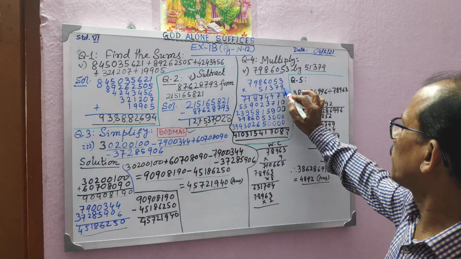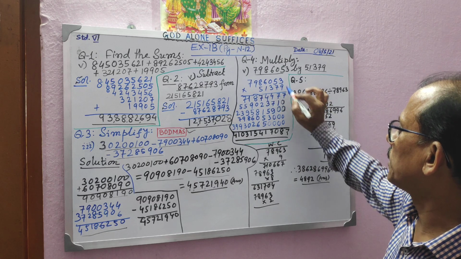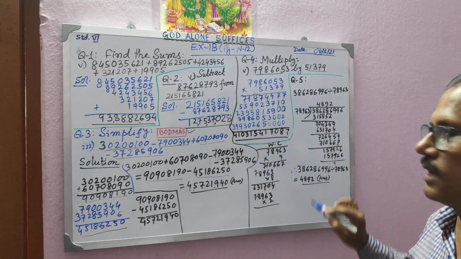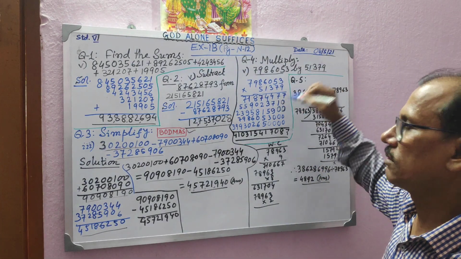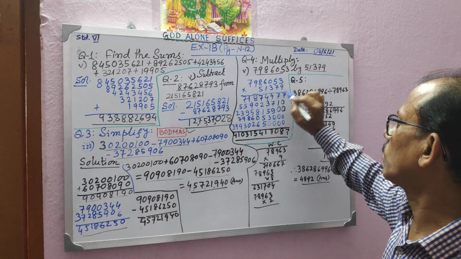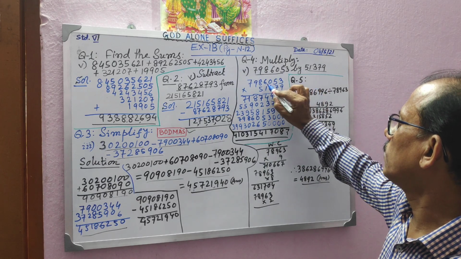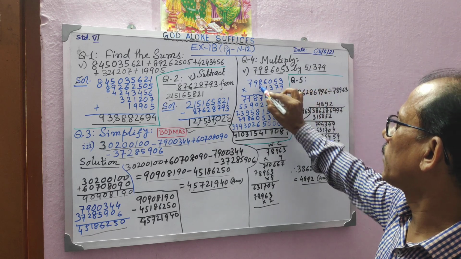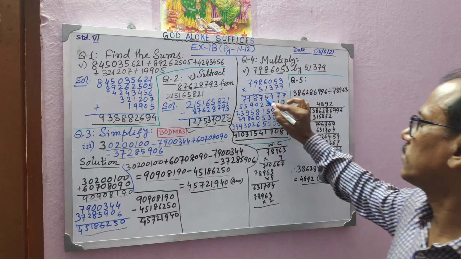So you can multiply this one with 9 very nicely. 9 3s are 27. Then 2 carry over, 5 9s are 45 plus 2 is 47. 4 carry over, 9 times 0 is 0 plus 4 only. Now 9 multiplied 6 is 54. 5 carry over, 9 multiplied 8 is 72 plus 5 is 77.